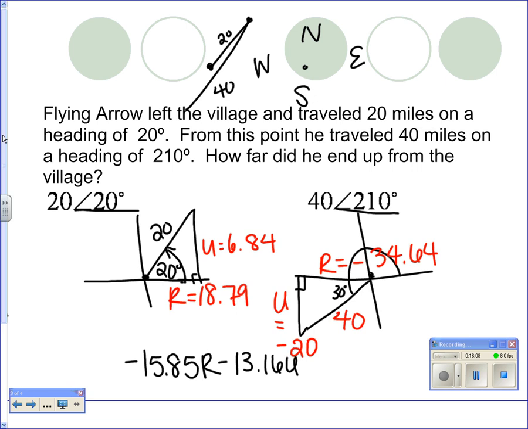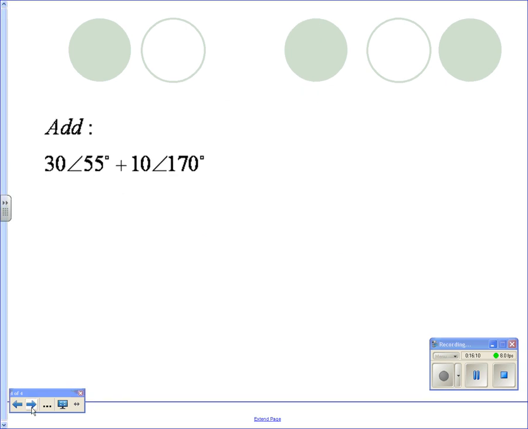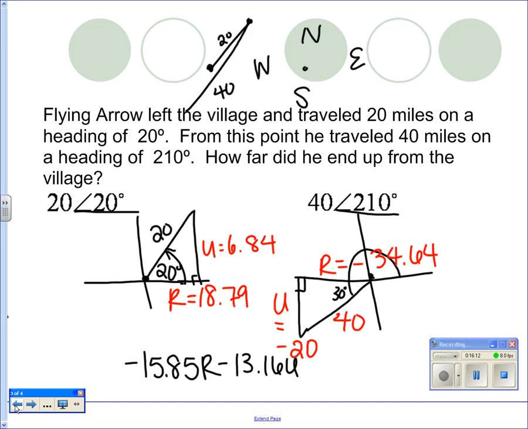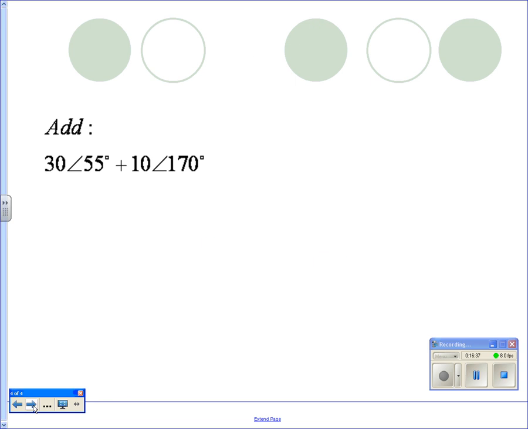All right, let's look at another example. That's exactly how far away he was. Unless it tells you, write it in polar. It didn't specify, so if you had found it in polar, that'd be fine. Okay, looking at this one.